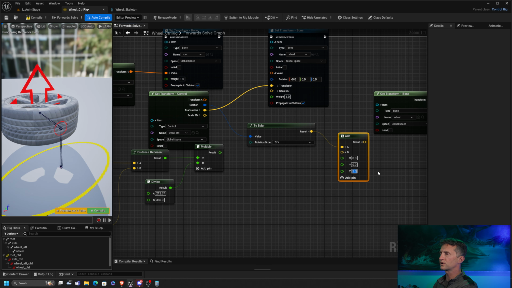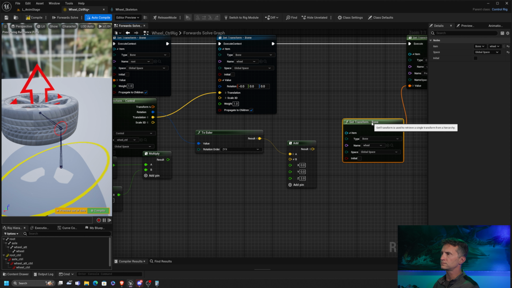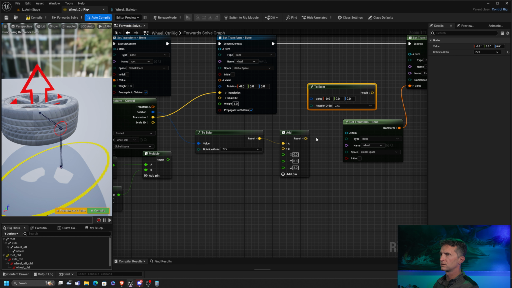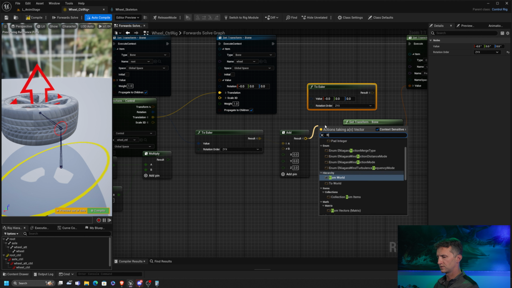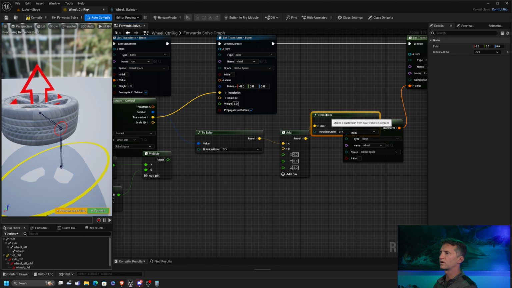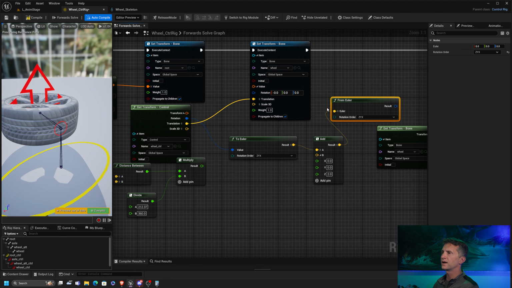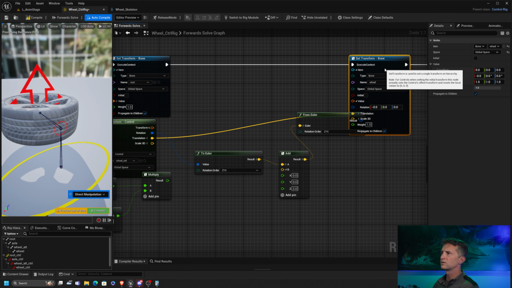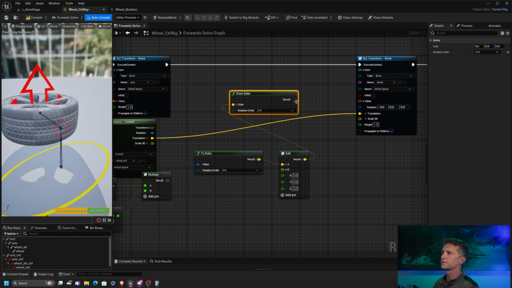So just for kicks, if we put 2 on here, and then we go back to Euler, to Euler, from Euler. That will give us our quaternion, and that is what we are going to feed into the rotation of our joint.